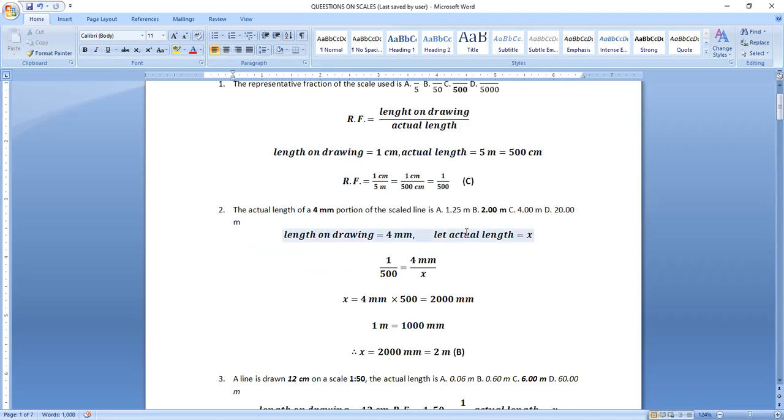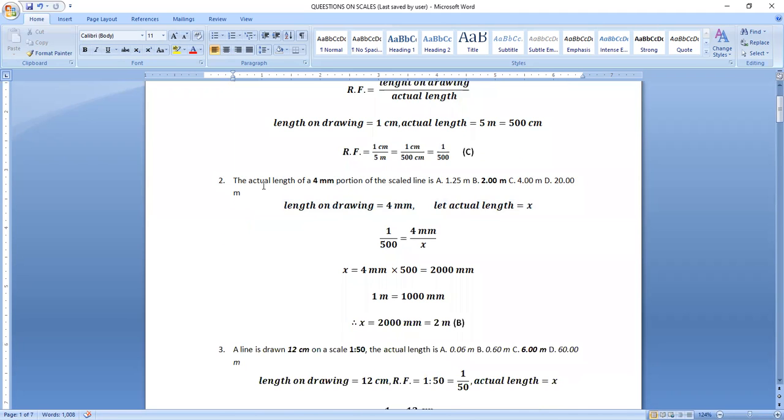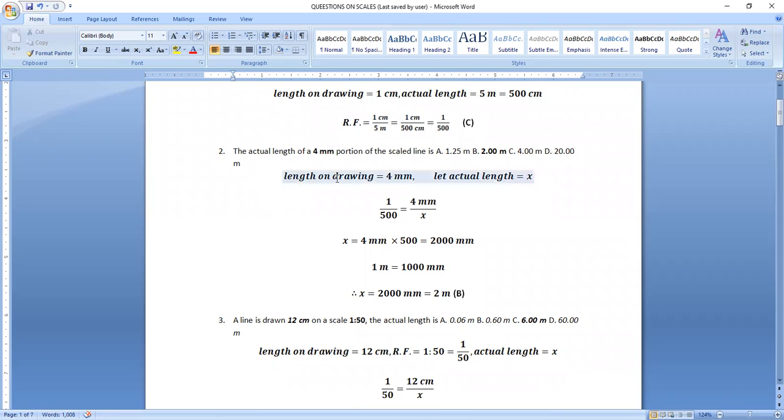Now let's go to question 2, which says that the actual length of a 4 millimeters portion of the scaled line is... Okay, so if the length on drawing is now 4 millimeters, the actual length is what we have to determine, and I'm representing that with letter X. So here we have 1 over 500, and that is the RF that we have gotten here.